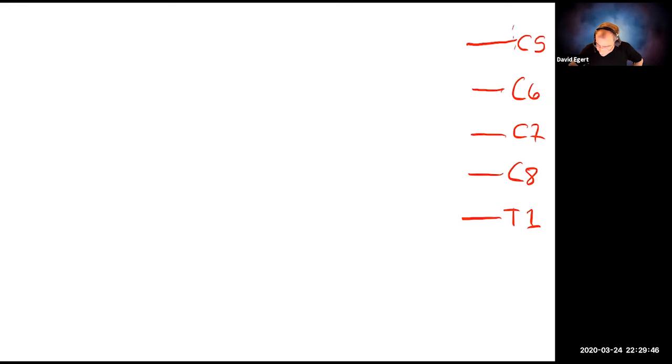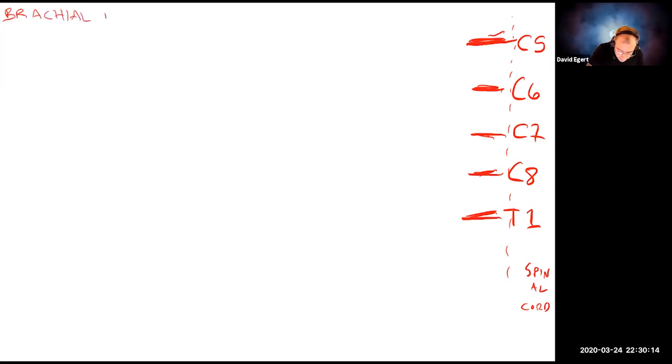So this is coming off of the spinal cord. And these are the spinal nerves coming out at each of these levels. And again, these are the spinal nerves that are going to create the brachial plexus. Maybe I should say what we're talking about right now is the brachial plexus.